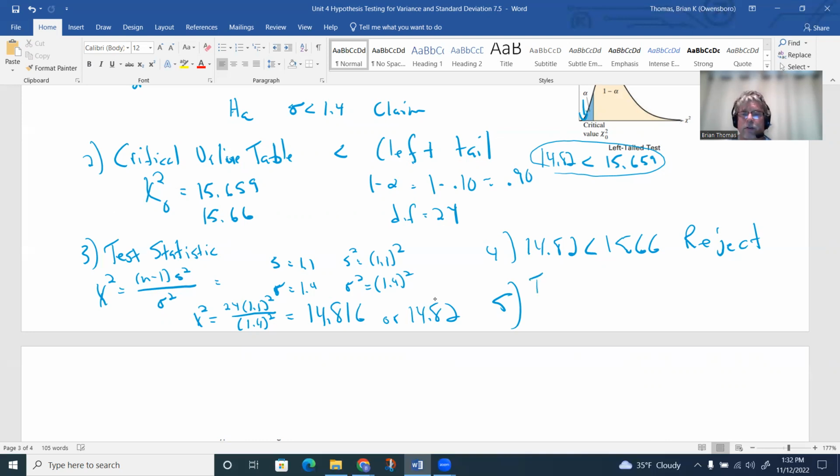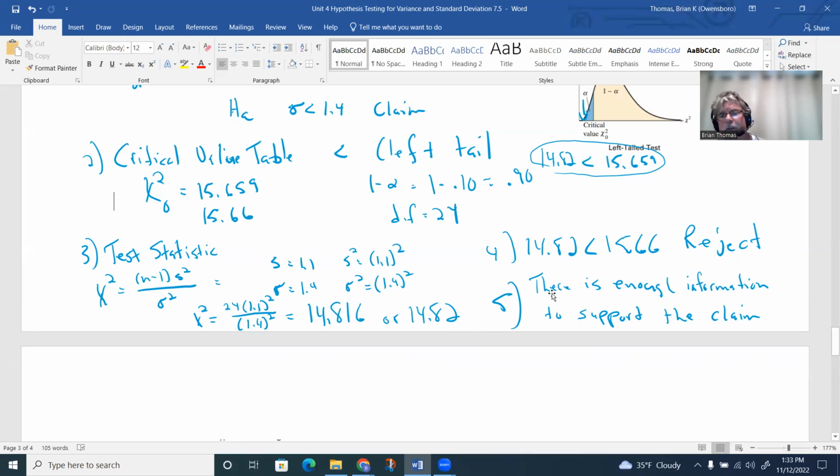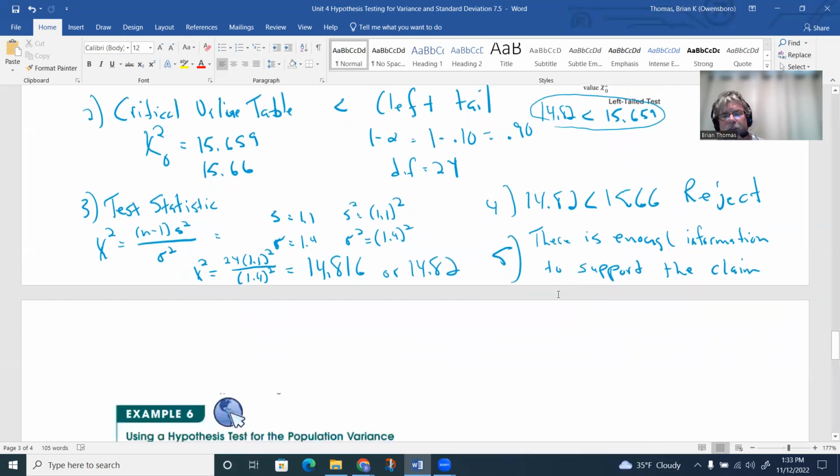So there is enough information to support the claim. One of the keys to pick up on is that the word reject has everything to do with the null hypothesis, and the word support has everything to do with the alternative hypothesis.